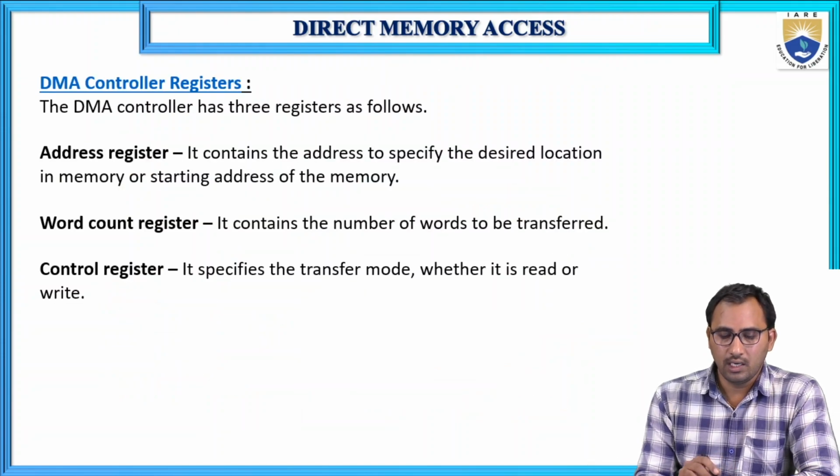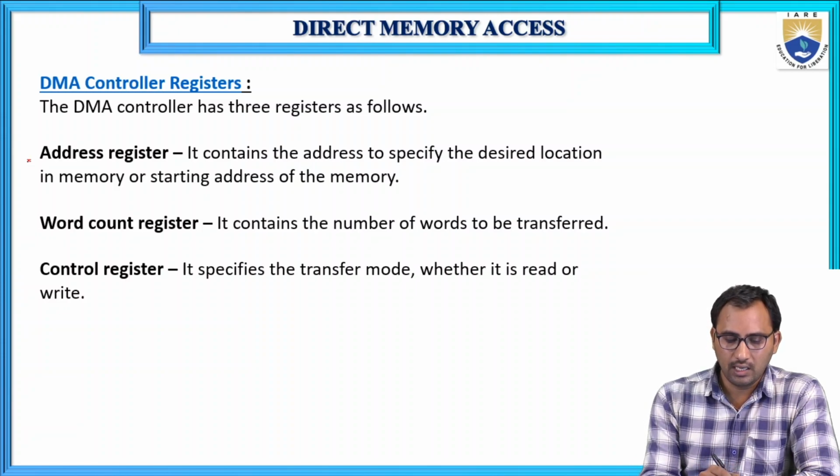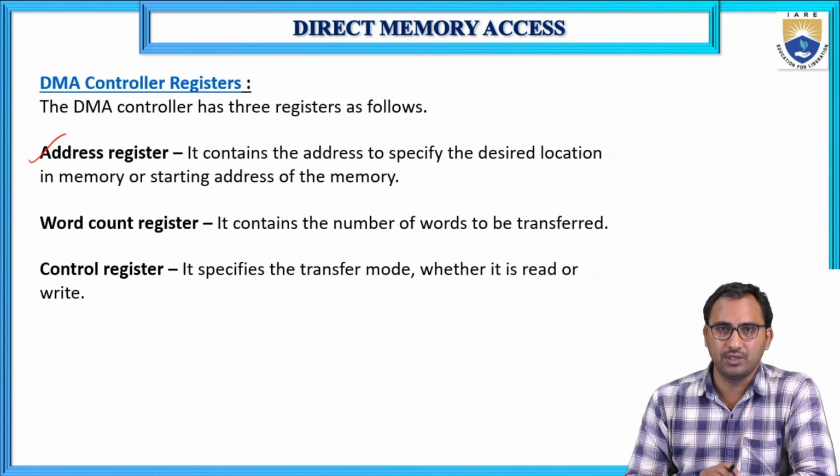Coming to the DMA controller registers. Mainly 3 registers are associated with the DMA controller. The first one is the address register. Already we know a register is a group of flip-flops, using which we can store some information.